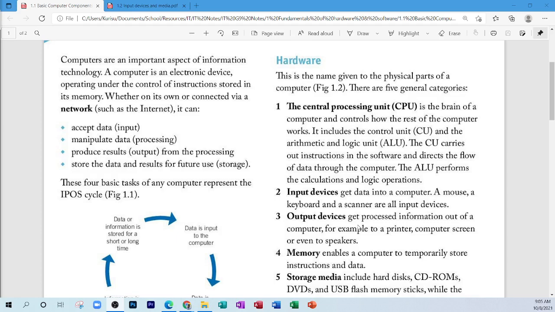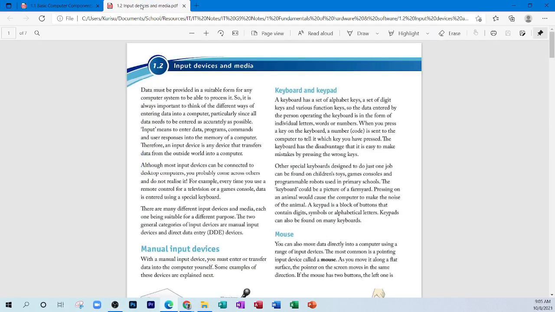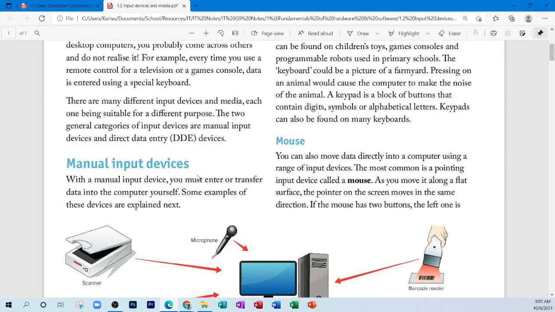You have the right idea, but I'm looking for the correct name. Some manual input devices and direct data entry. Very good. Manual input devices and direct data entry devices.